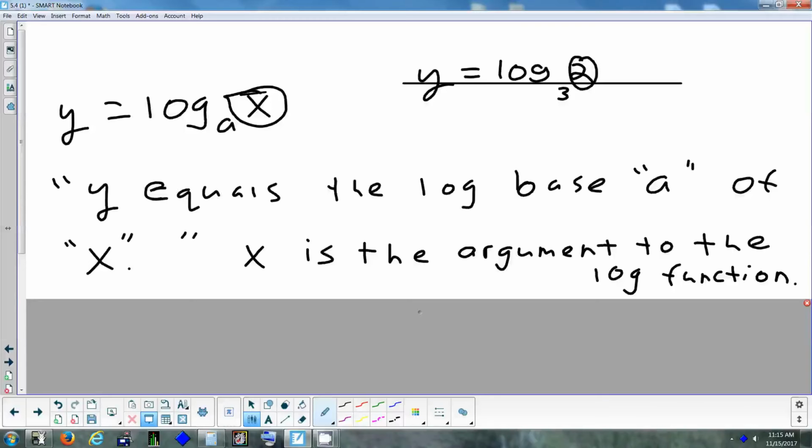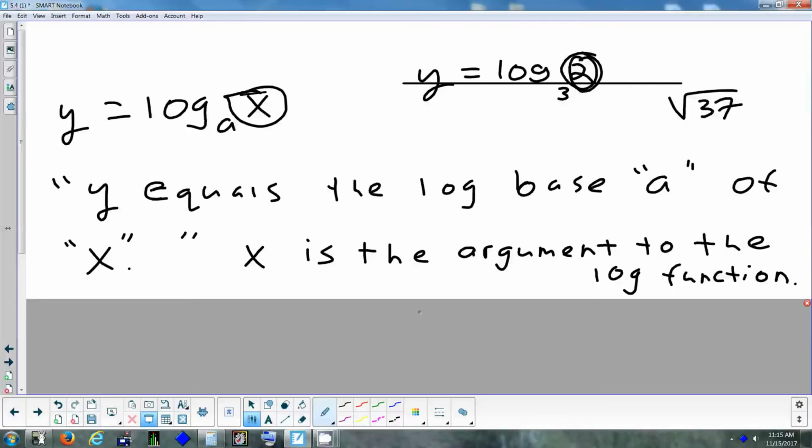All functions have arguments, like this. Normally we call that the radicand, but technically you could call 37 the argument. It's the thing you're taking the square root of. That's the thing I'm taking the log of, with a certain base. And we'll learn how to calculate that in a little bit.